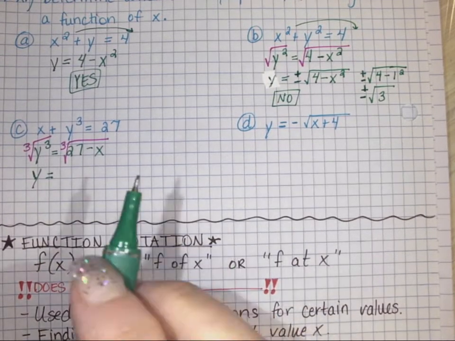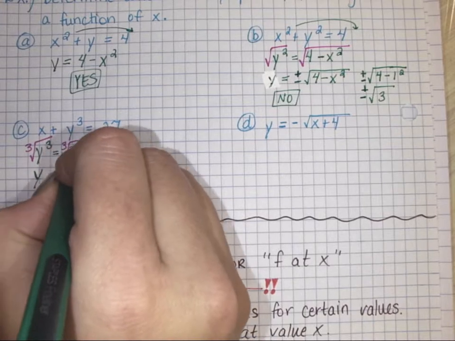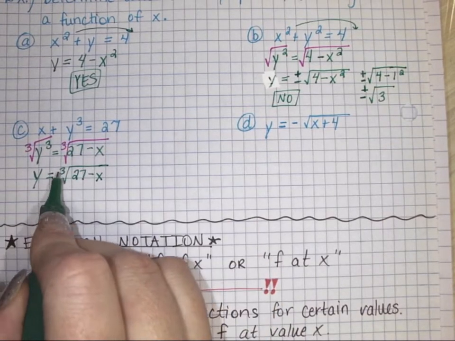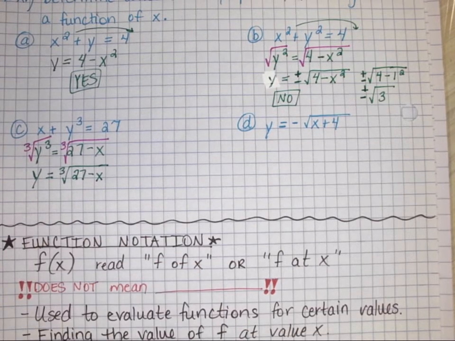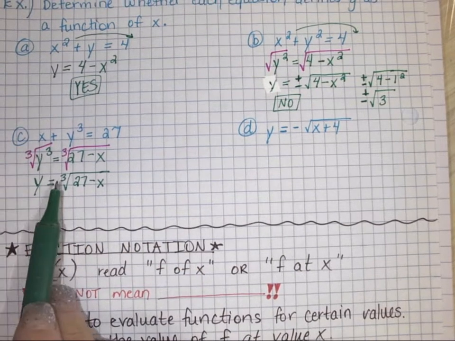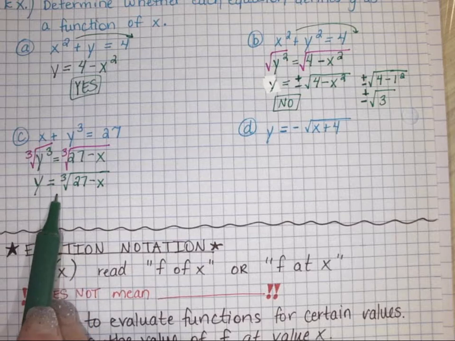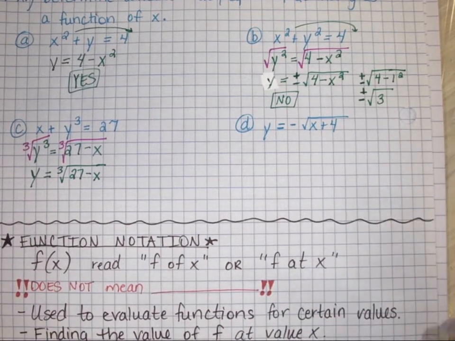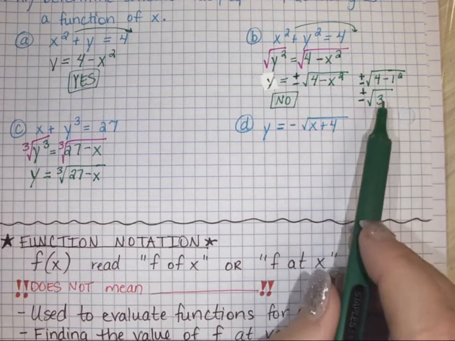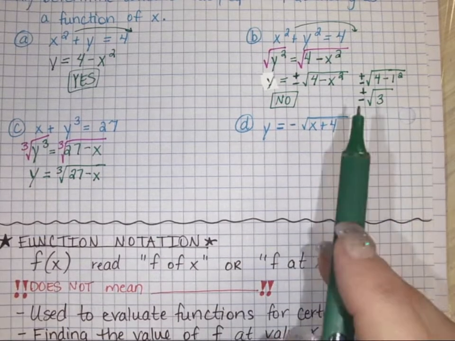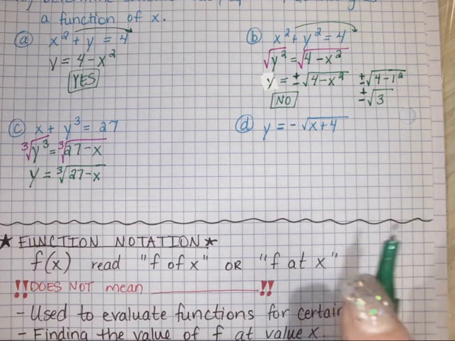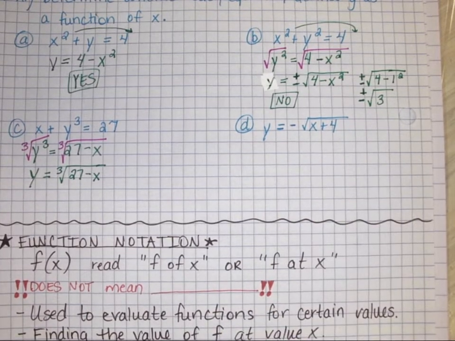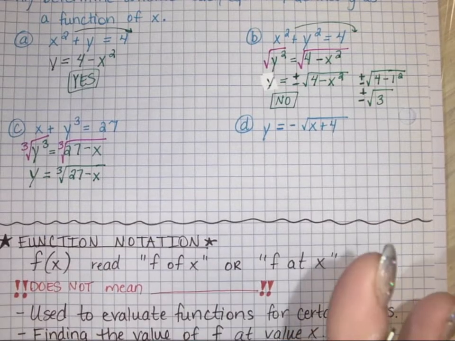Now, some of you may be wondering why we do not put a positive or negative in front of the cube root. You do not have to do that if it's an odd root at all. The only time we have to do that is if it's an even root. For example, if I have the square root of 4, well, the 2 possible values that can give me 4 are 2 squared and negative 2 squared.